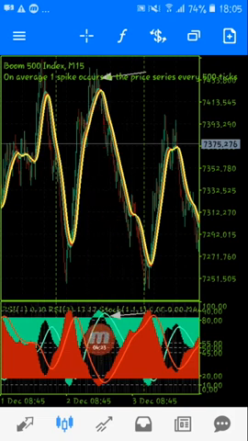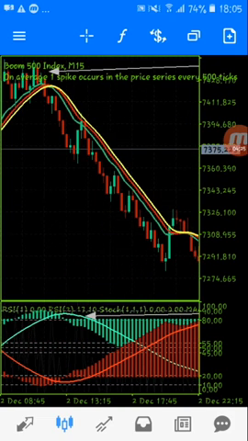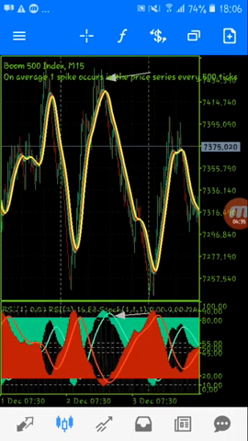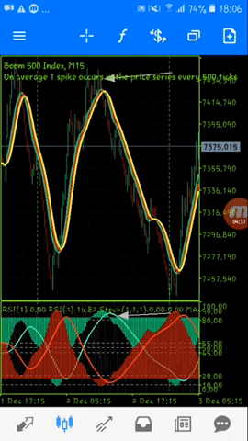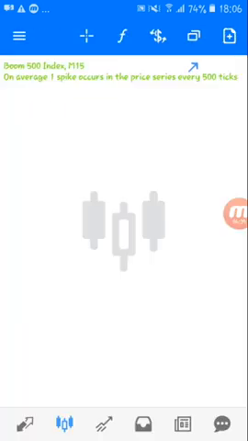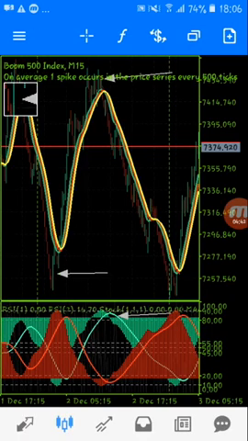And then you take your entry, but you don't just take an entry. You wait for the price to drop below the 3 indicators, then you take your sell, and your stop loss can be placed above your M or your W's. Also, for example, if you bring it here, you've got where you could have taken your buy right there.